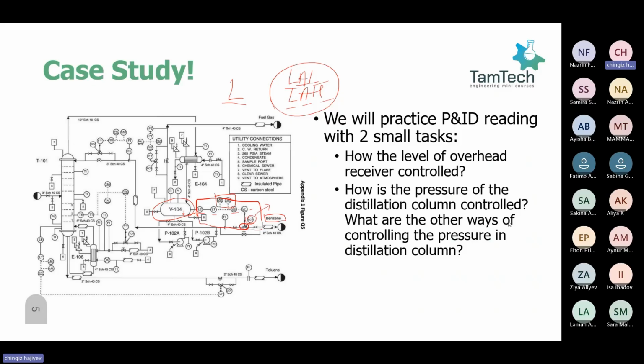About the first question: the controller using level control to measure. Okay, one notice that I need to make is that the controller doesn't measure anything. The controller only controls, and what I mean by control is comparing the set point with real data.